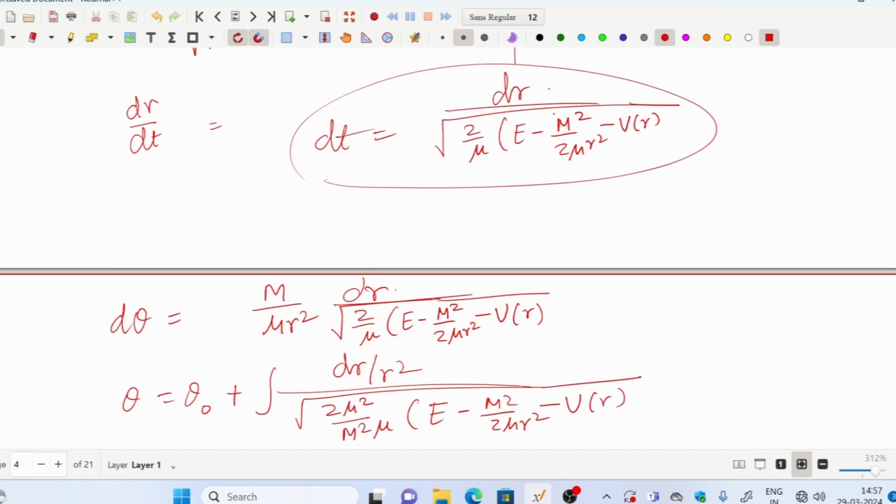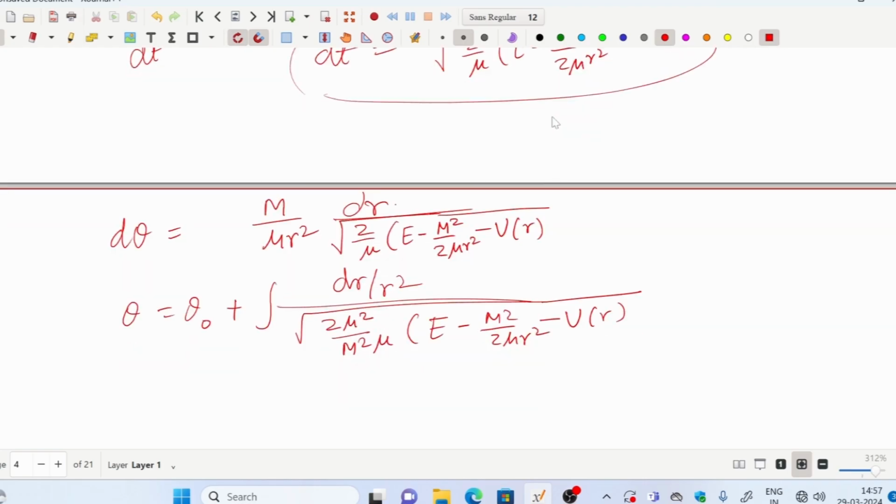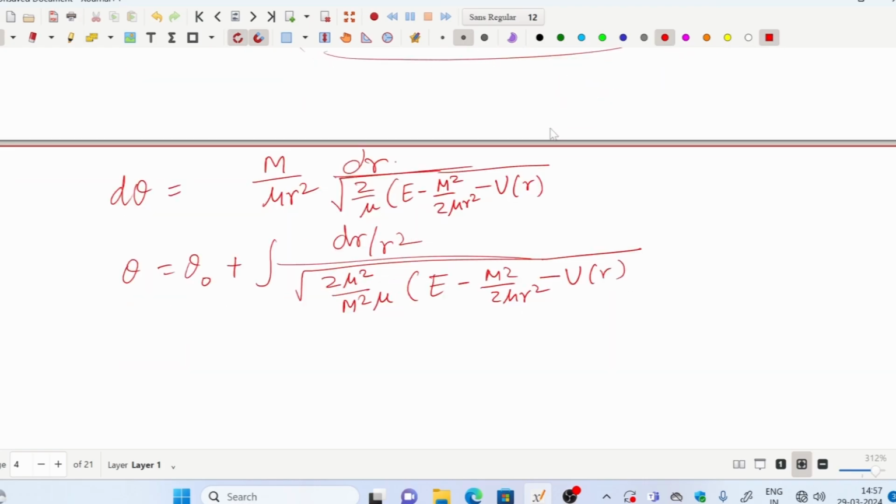So let me get a well known form of this integral of motion.